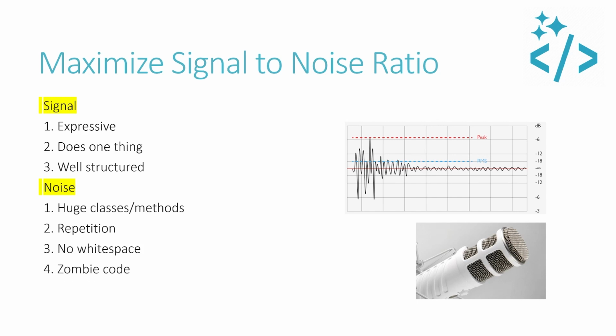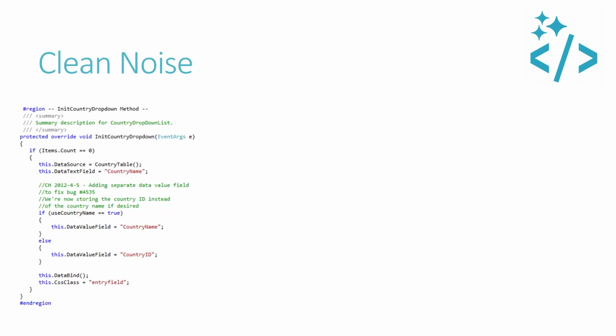For example, this is code which is not used. So for example, code that is commented out is basically zombie code which adds some noise to the code base.